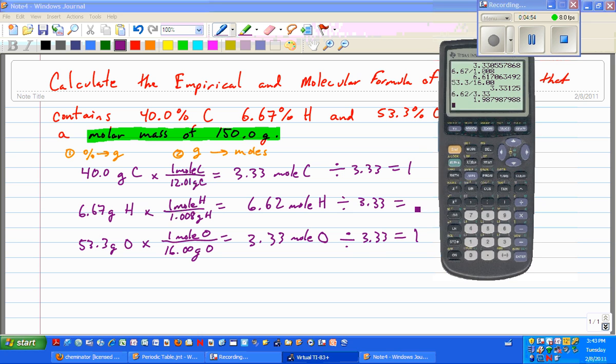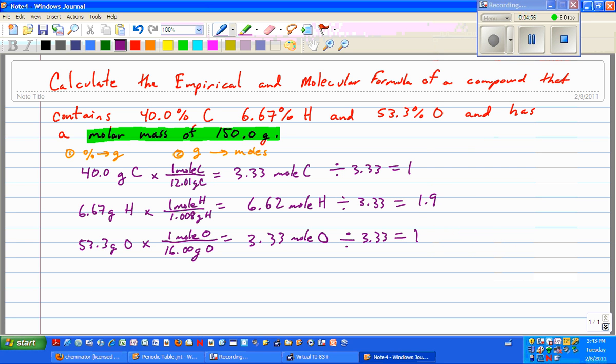So let's make that 1.99, which is approximately 2. As we've discussed in class, if we're less than a tenth away, meaning like in this case we're 0.01 away from 2, we can go ahead and round to 2. So that's what we did, dividing by the smallest.